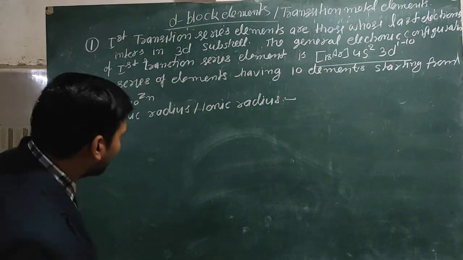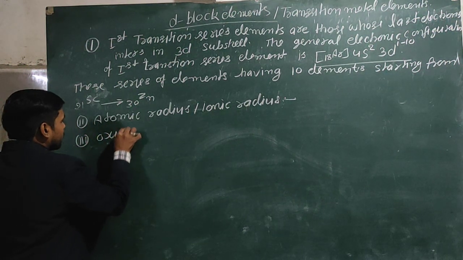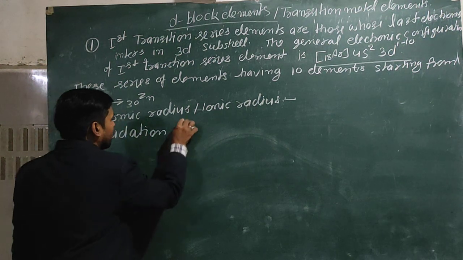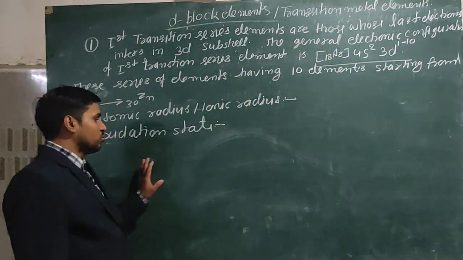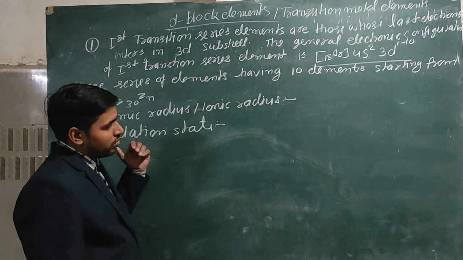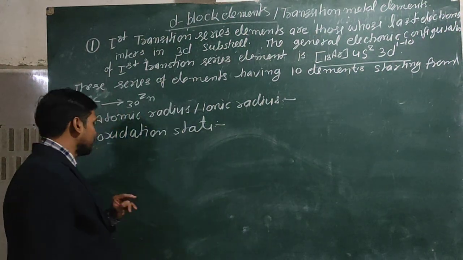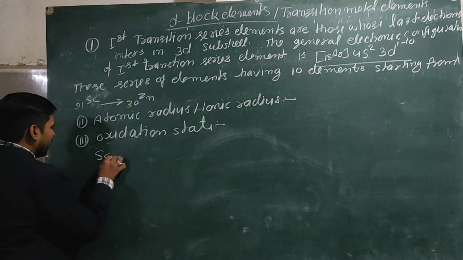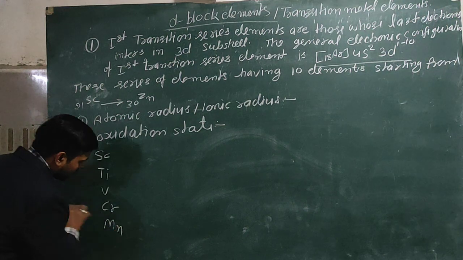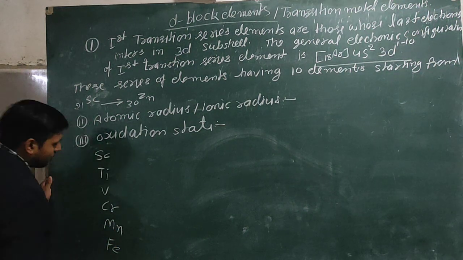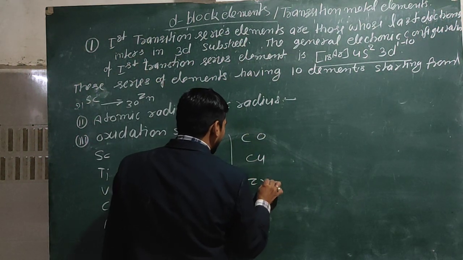But if we try to understand the oxidation state, then the total number of outermost shell electrons which can be lost, all the 3d transition series elements show their oxidation states: scandium, titanium, vanadium, chromium, manganese, iron, cobalt, copper and zinc.